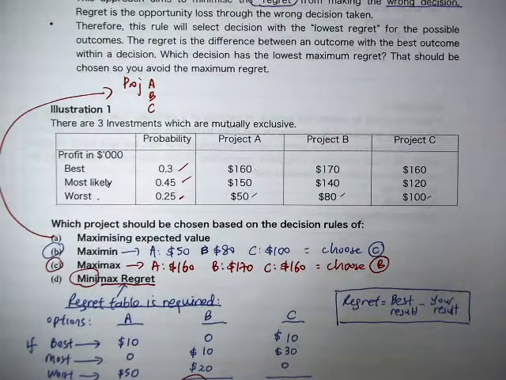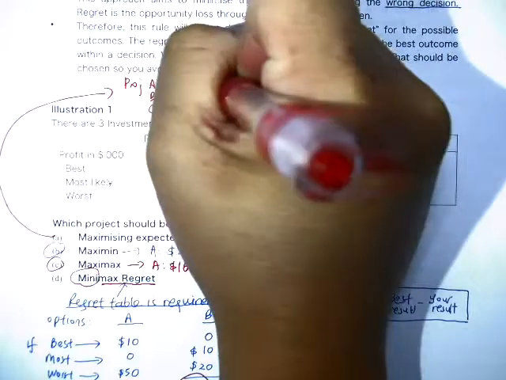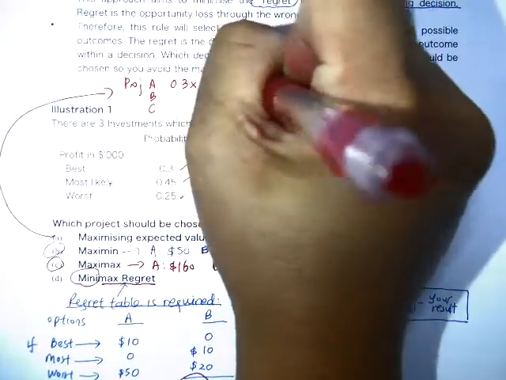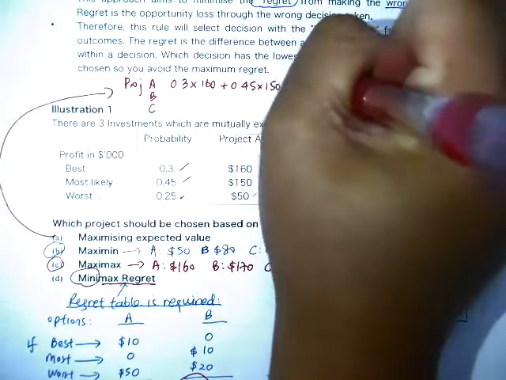Now, your project A: 30% is 160, 45% is 150, 25% is 50.